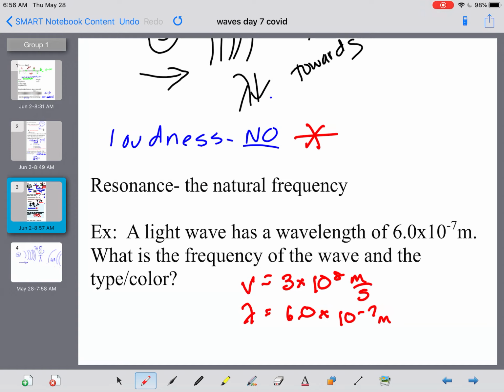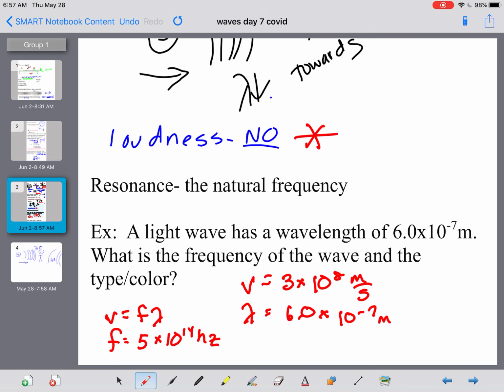We're going to use our equation v equals f lambda. v equals f lambda. And we get my frequency to be 5 times 10 to the 14th hertz.